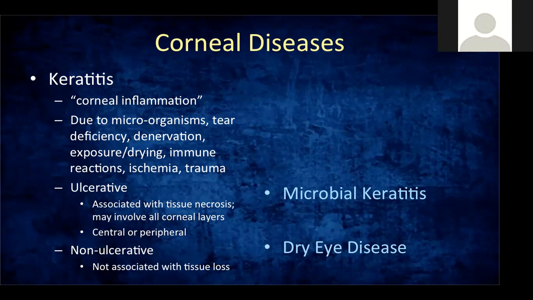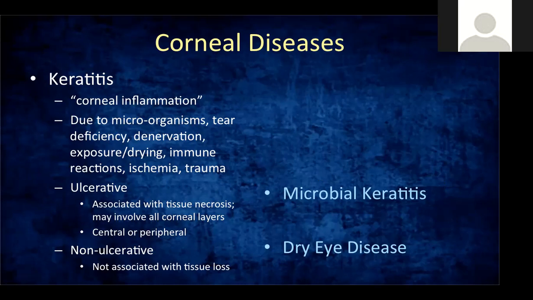It could be central, it could be peripheral. Then you have your non-ulcerative. Obviously, walang tissue loss, walang damage masyado. When you talk of ulcerative, a very important entity is your microbial keratitis. When you talk of your non-ulcerative, you talk of your dry eye disease.